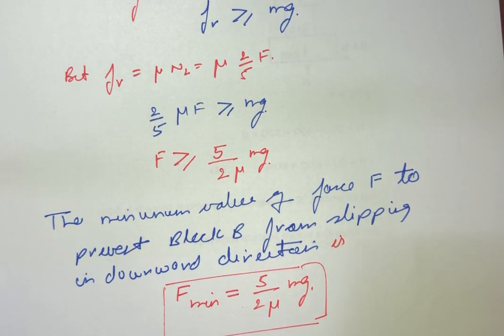So this is the minimum value of the force which prevents block B from slipping in the downward direction.